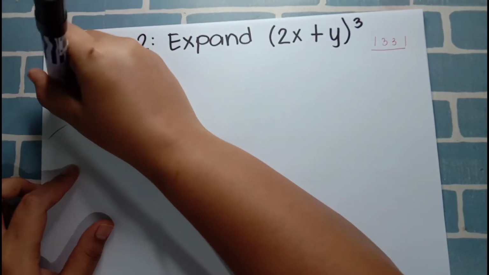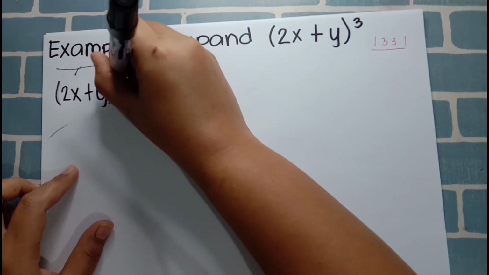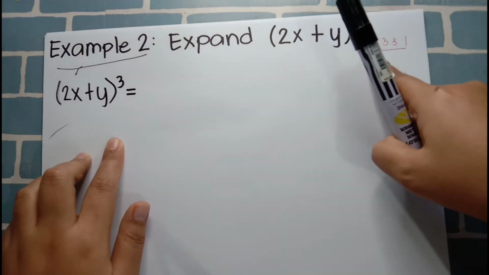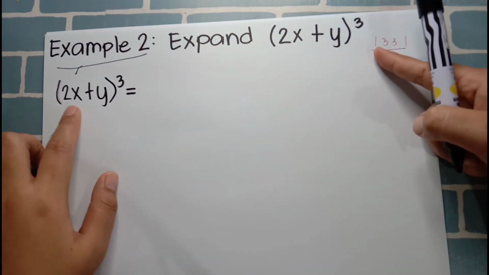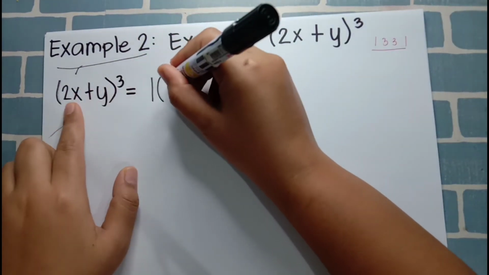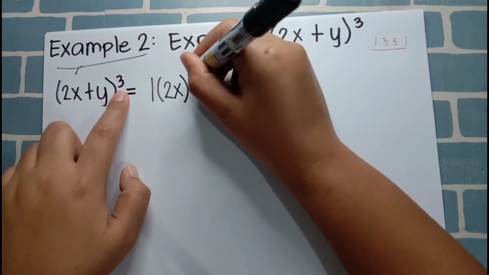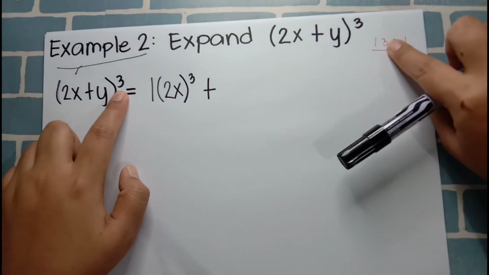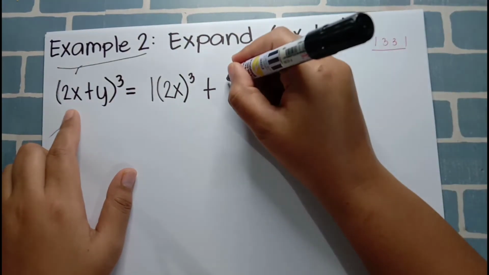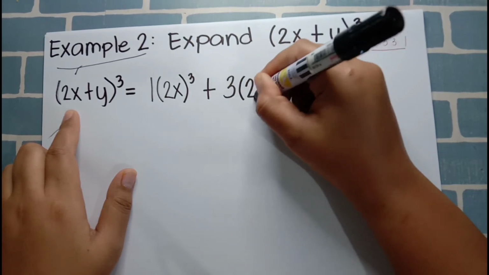So (2x + y) raised to 3 equals, first term, 1 times 2x raised to 3, or cubed. Plus 3, the coefficient is 3, times 2x.